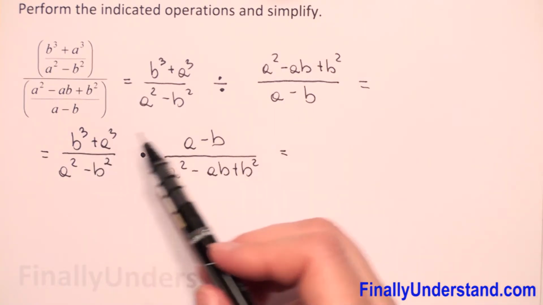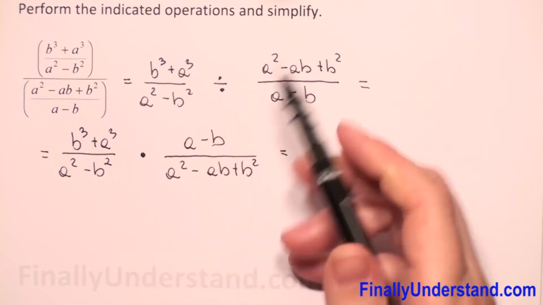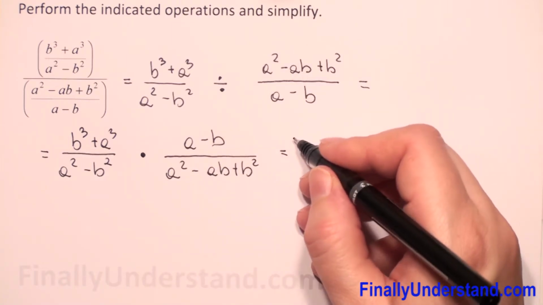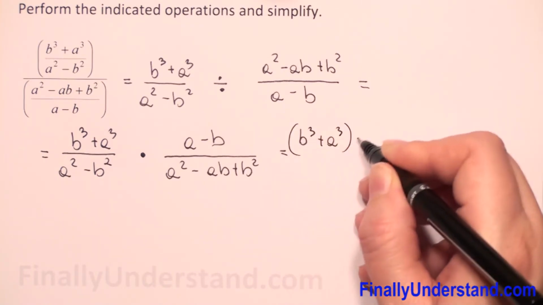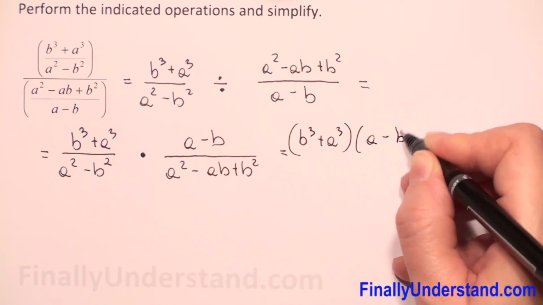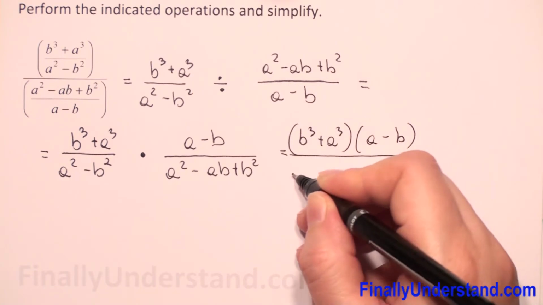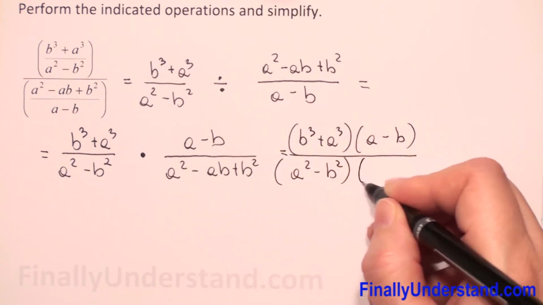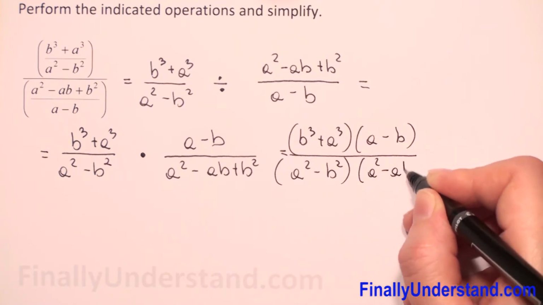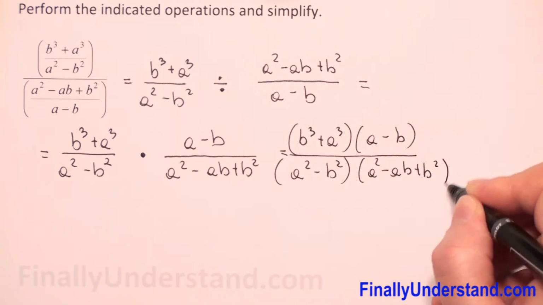So we multiply numerator times numerator, denominator times denominator. So we have b cube plus a cube times a minus b over a square minus b square times a square minus ab plus b square.